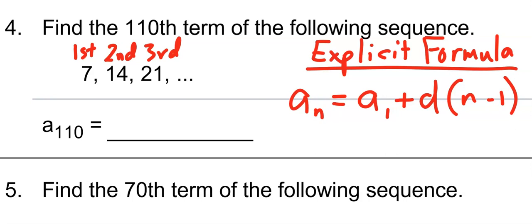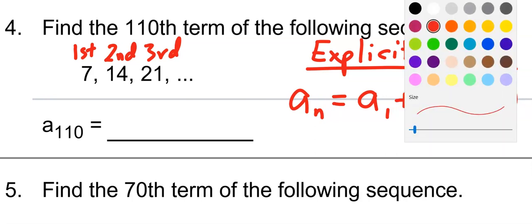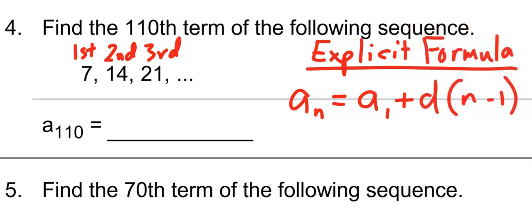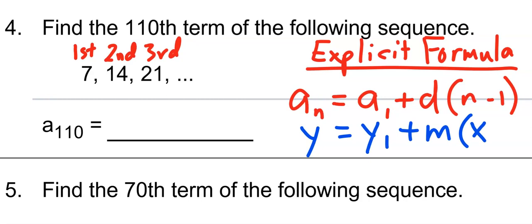This is a linear function. In fact, you've already seen this linear function before. It looked more like this. That really looks like the point-slope form of a line. So this isn't anything different or new to you.